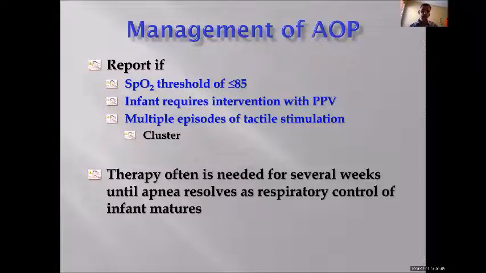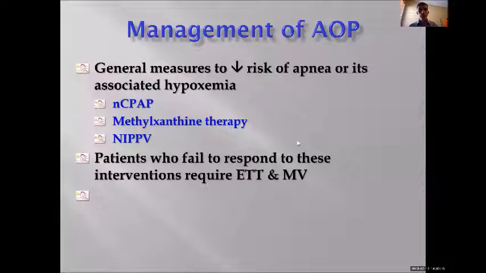When we start treatment, the treatment is usually needed for several weeks until the baby is fully in control of his respiratory system. The goal of the management is to decrease apnea and decrease its complications of hypoxia. So we can use CPAP, we use methylxanthine medications, and sometimes we use non-invasive ventilation, and sometimes it reaches a point where we have to intubate and start mechanical ventilation.